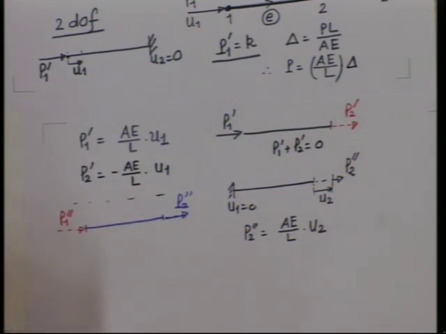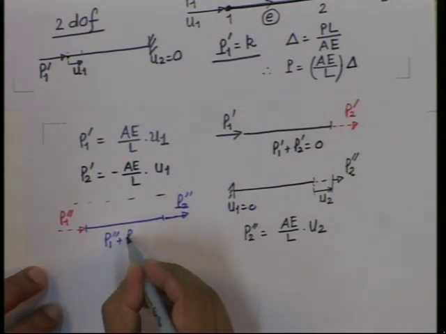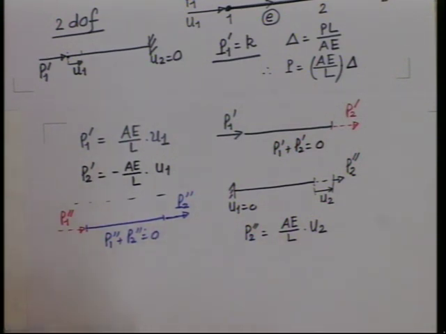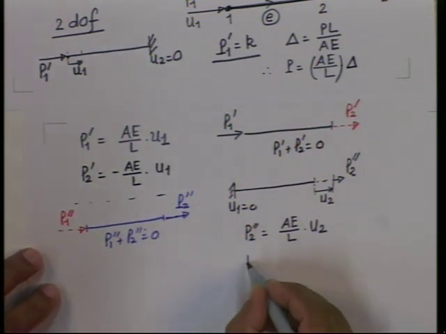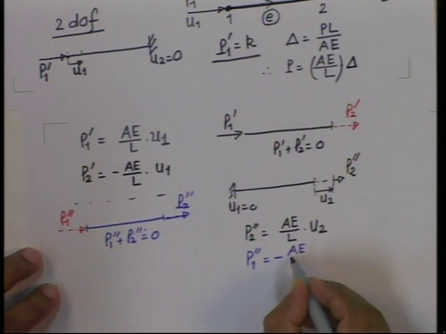Here we get P1 double dash plus P2 double dash equal to 0, and therefore P1 double dash equal to minus A by L U2.